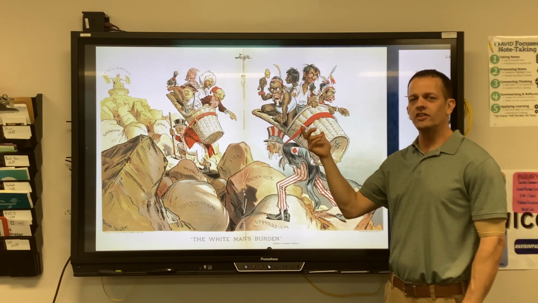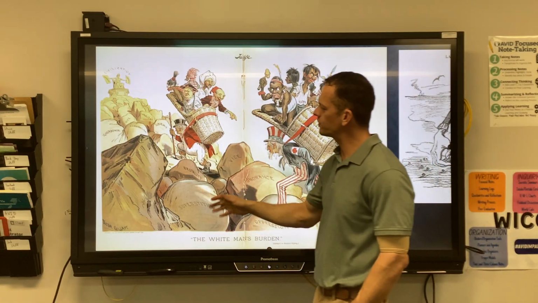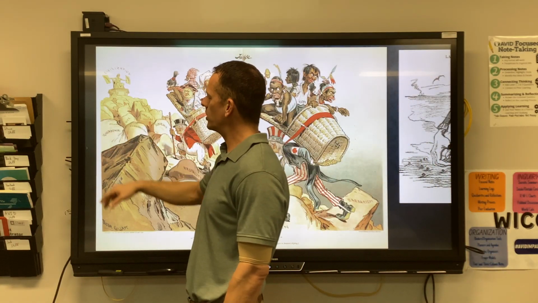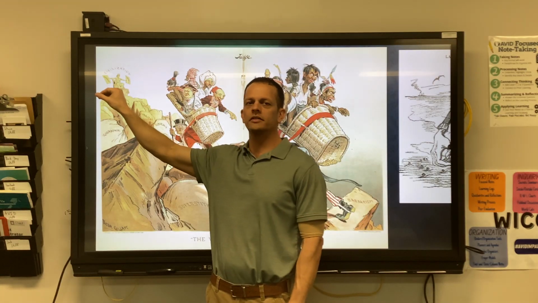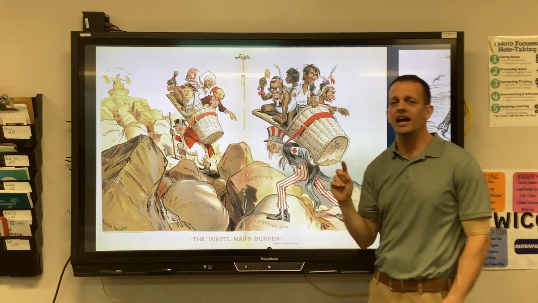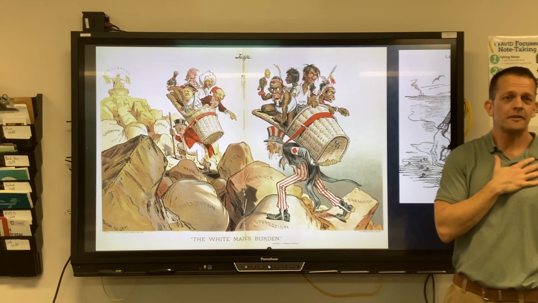And the United States is carrying them over ignorance, vice, barbarianism, oppression, superstition, brutality, slavery, cannibalism, and it repeats itself quite a bit, all going over these rocks to the very top to get to what? Civilization. This idea that these people aren't civilized and it's our responsibility to make them civilized.